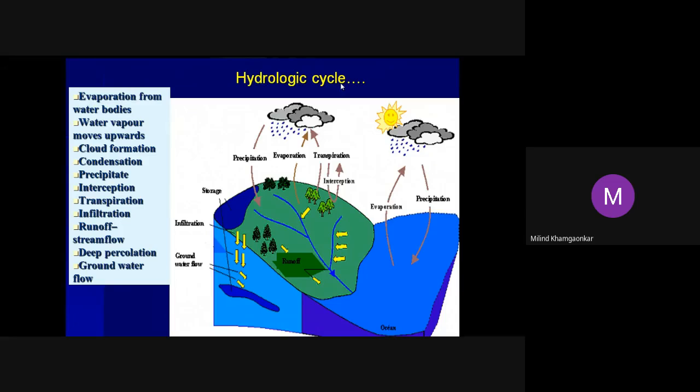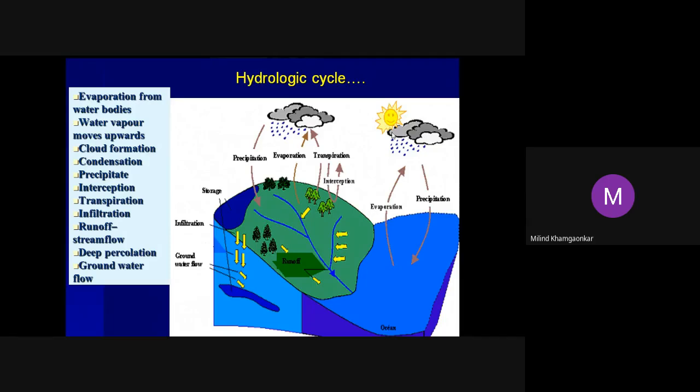Friends, for your remembering, I am repeating the hydrologic cycle again. As you know, the hydrologic cycle consists of these components: evaporation from the water body, water vapor moves upwards, condenses, and clouds form.